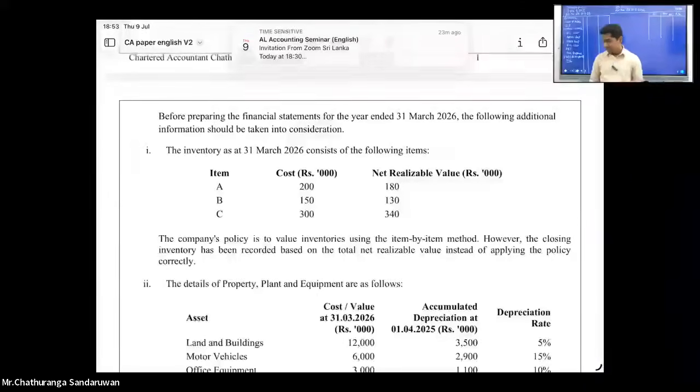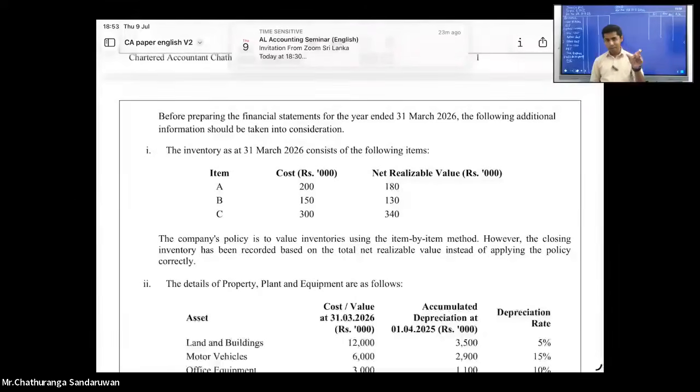It says the company's policy is to value the inventory using the item by item method. If you can remember, as per LKAS 2, you can use either item by item method or batch by batch method, or group by group method. So their method is item by item method. However, the closing inventory has been recorded based on the total net realizable value.